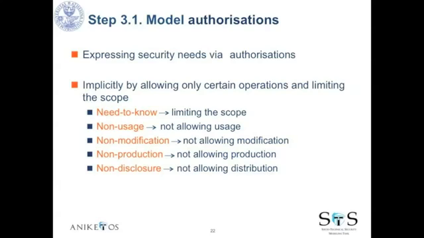So differently from the social view in which we represent or express security needs explicitly over goal delegations, here in the authorization view, we express security needs implicitly by allowing or not allowing certain operations and limiting the scope. So when limiting the scope in a certain goal, we actually are expressing a need-to-know security need.